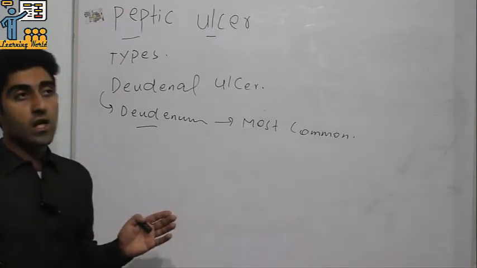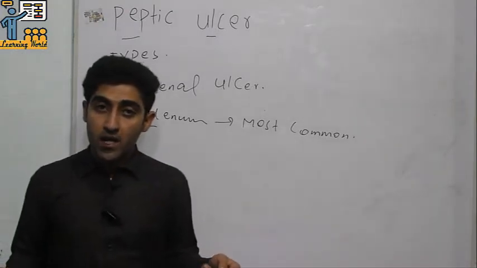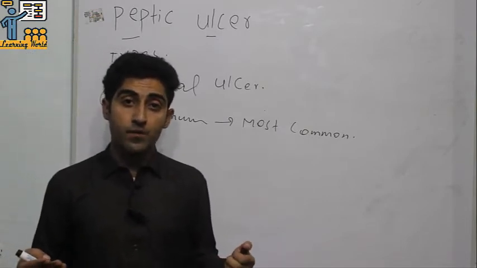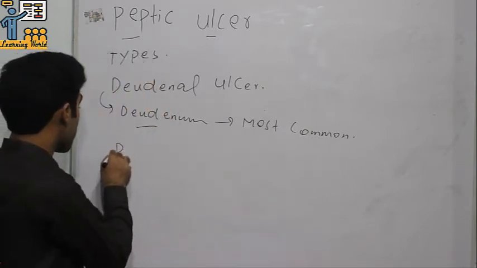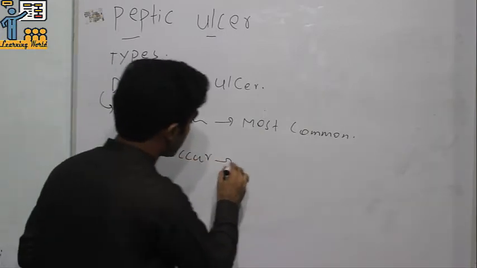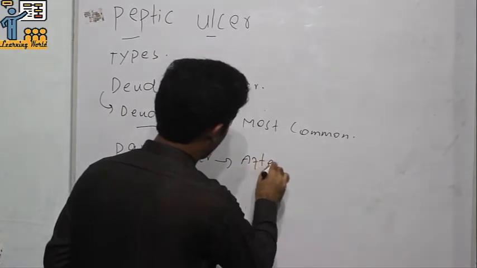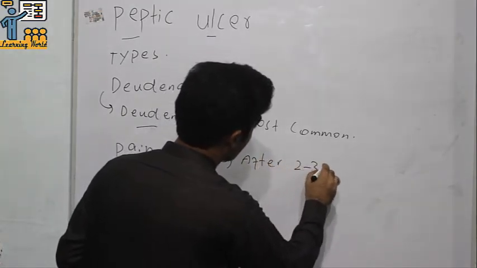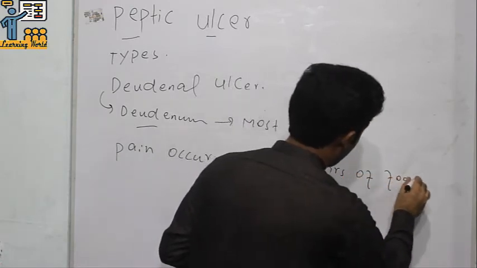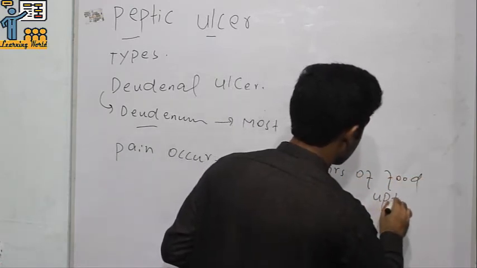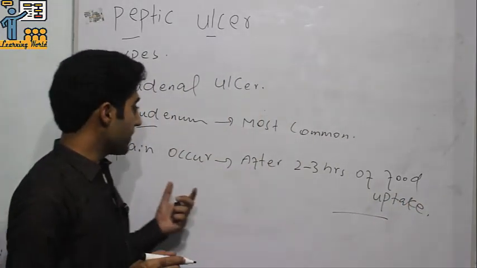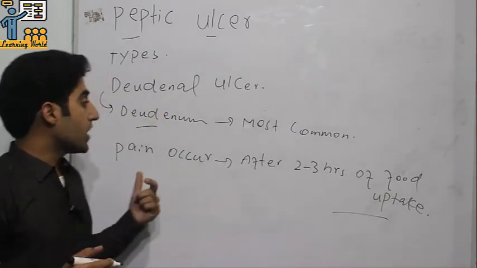Here in duodenal ulcer, the pain will occur 2 to 3 hours after the uptake of food. This is the pain pattern for duodenal ulcer.